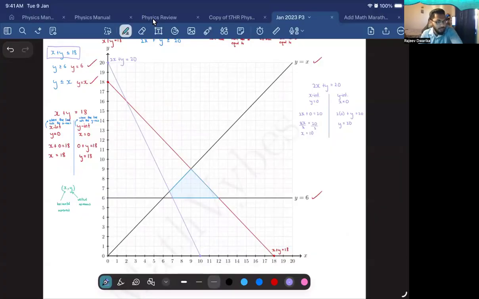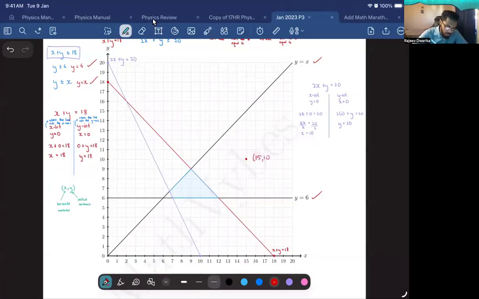Remember, tell me the X first, then the Y. Can we use 15, 10? 15, 10 would be right here, and that would work, right? This is 15, 10.